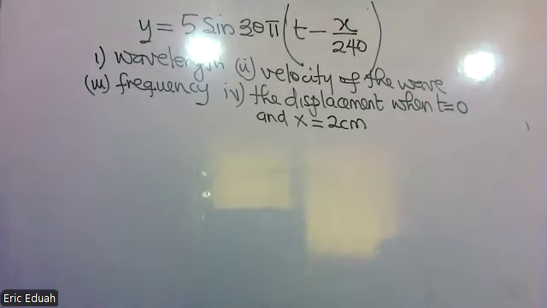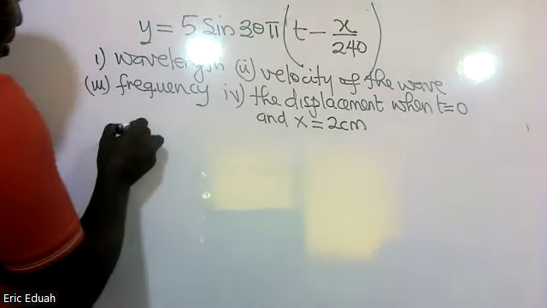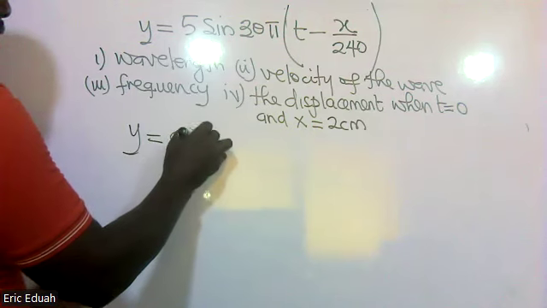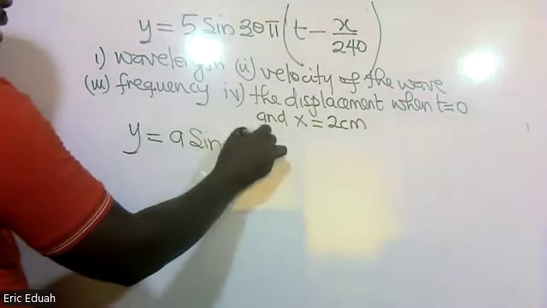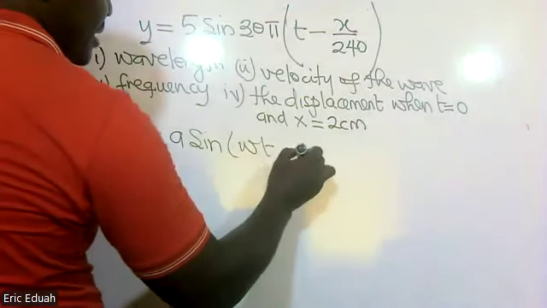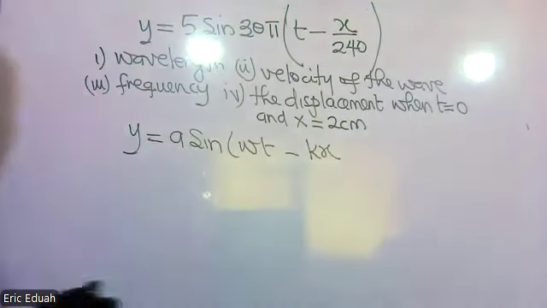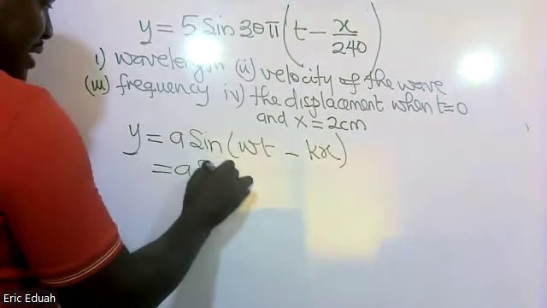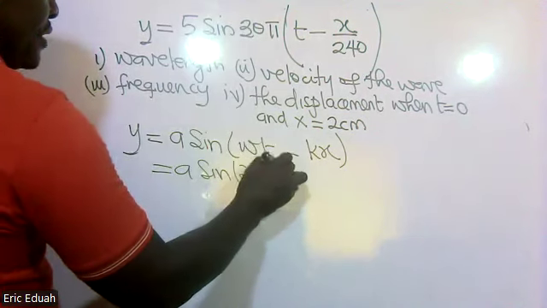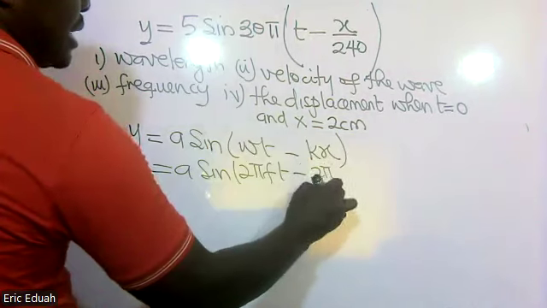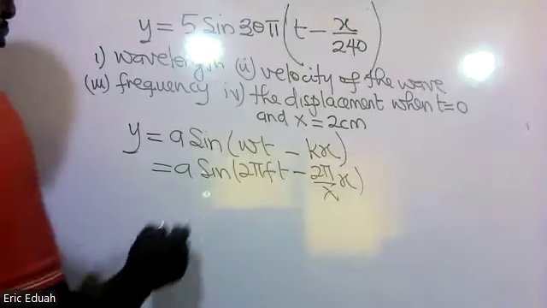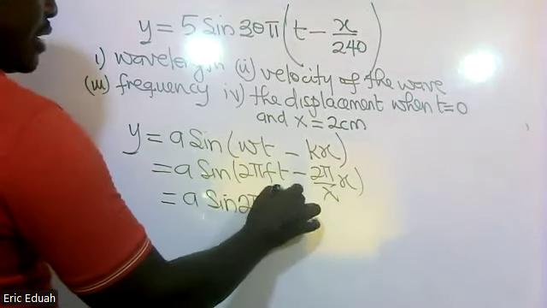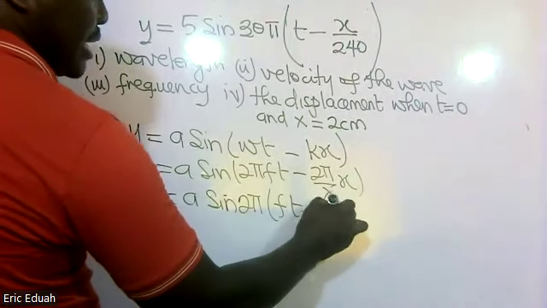Your issue is that when you write y is equal to a sine omega t minus kx, and you put in a sine 2 pi f t minus 2 pi over lambda x, maybe you factorize a sine 2 pi f t minus x over lambda.